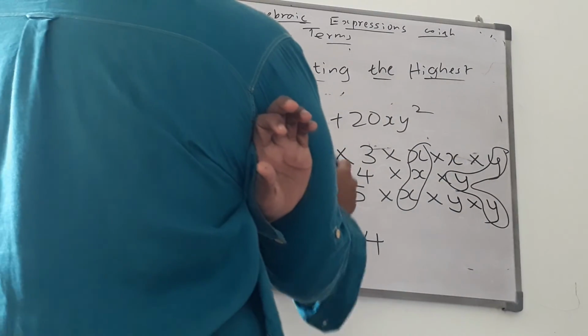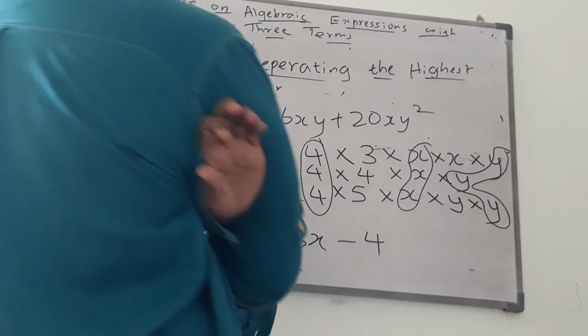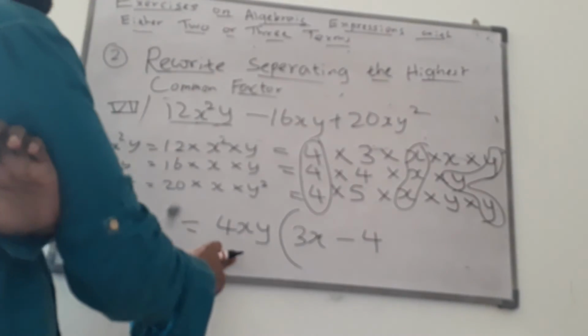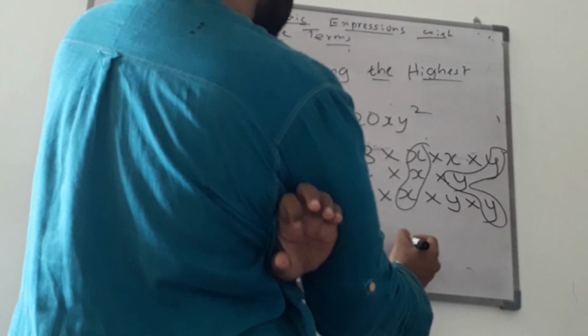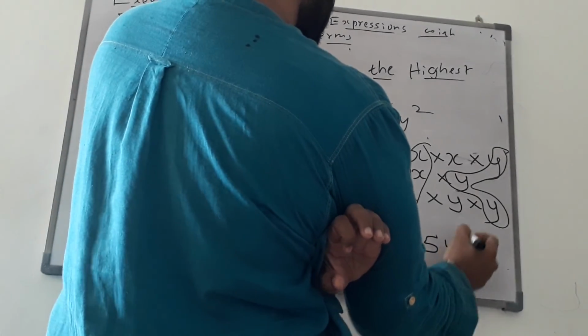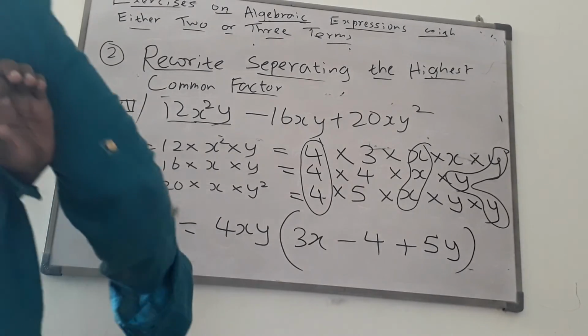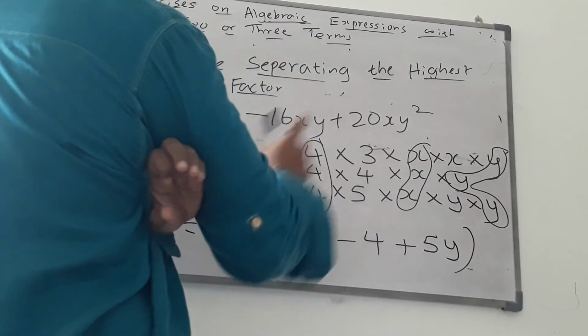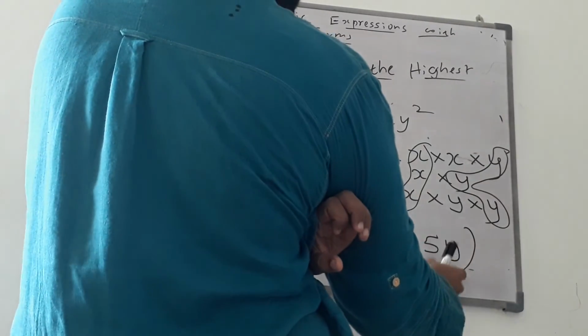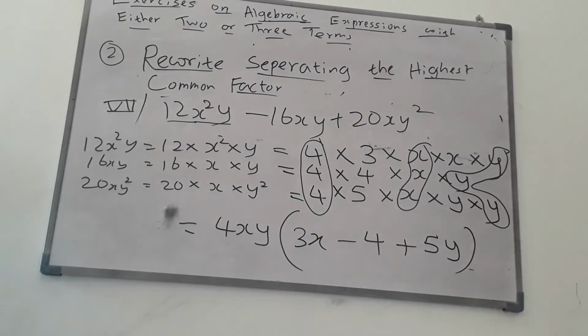Highest common factor is 4. So 4 times 5 is 20, times x times y times y. I took 4xy out, so what remains is plus 5y. Now we will check. 4 times 5 is 20, times x is 20x, times y is 20xy, times y is 20xy squared.